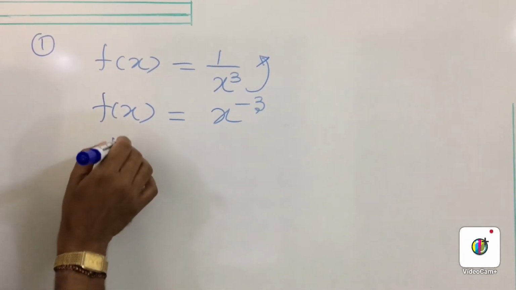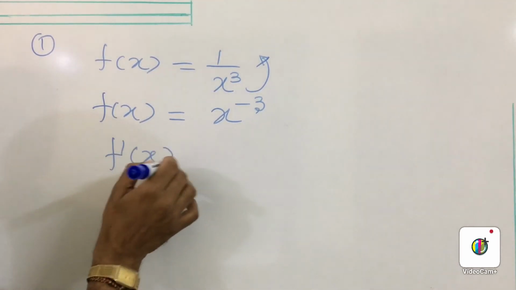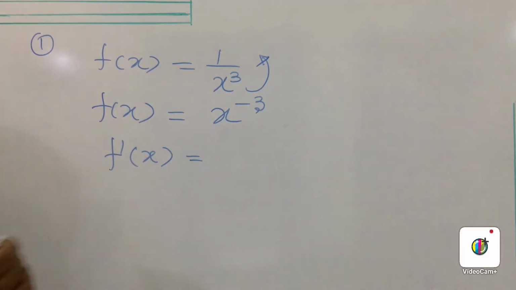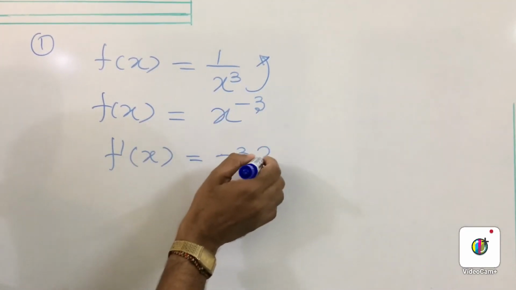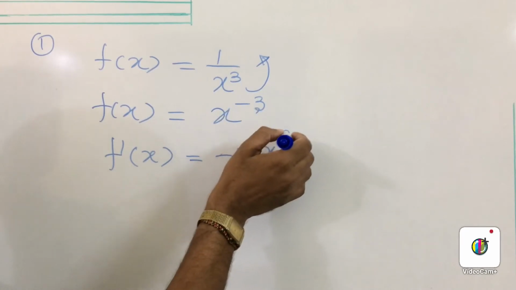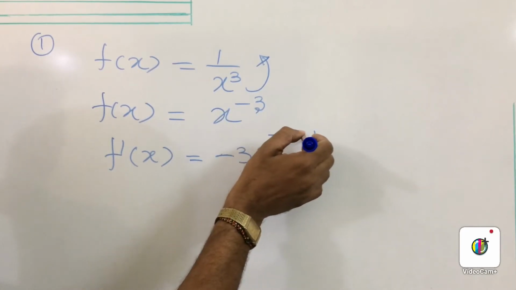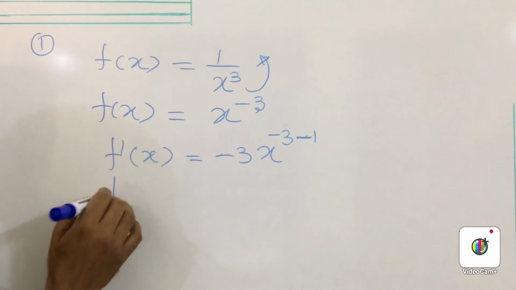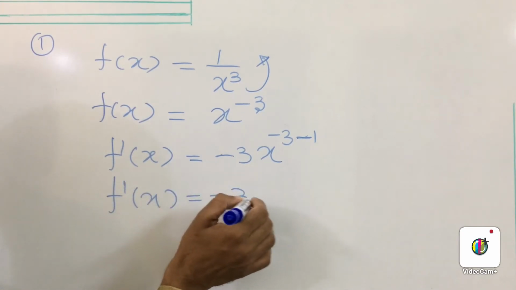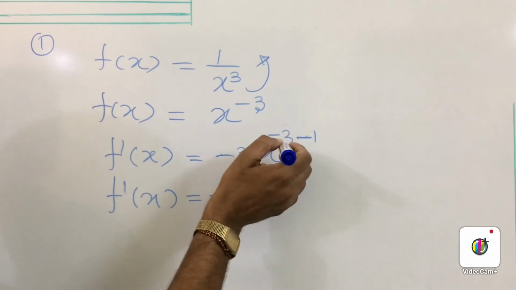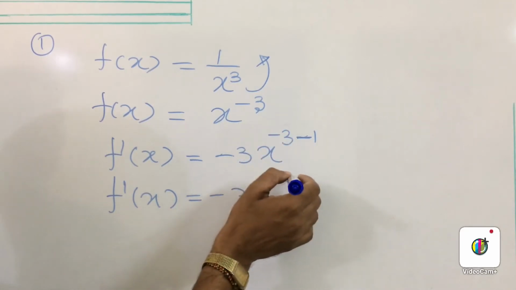Therefore, f dash x, differentiating with respect to x, you take this minus 3 in front: minus 3 x to the power minus 3 minus 1.